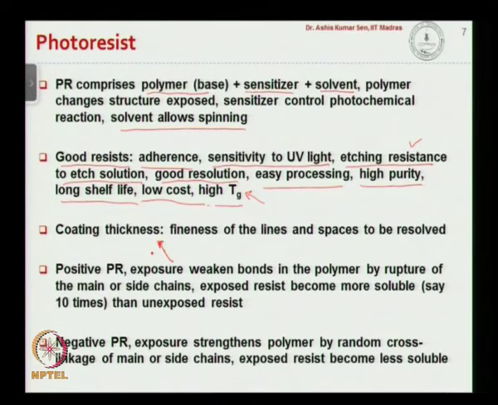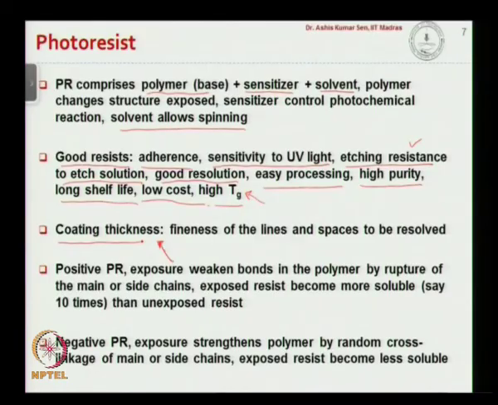The resolution may be affected by the coating thickness, because when we talk about photoresist based patterning, we are selectively removing photoresist in some portions on the surface of the wafer, and that is because of the mass transfer between the photoresist and the developer solution. If the thickness is high, many times thickness is very high and the gap is very low, the mass transfer becomes limited. Okay, so the resolution of the structure would depend on the thickness of the photoresist.